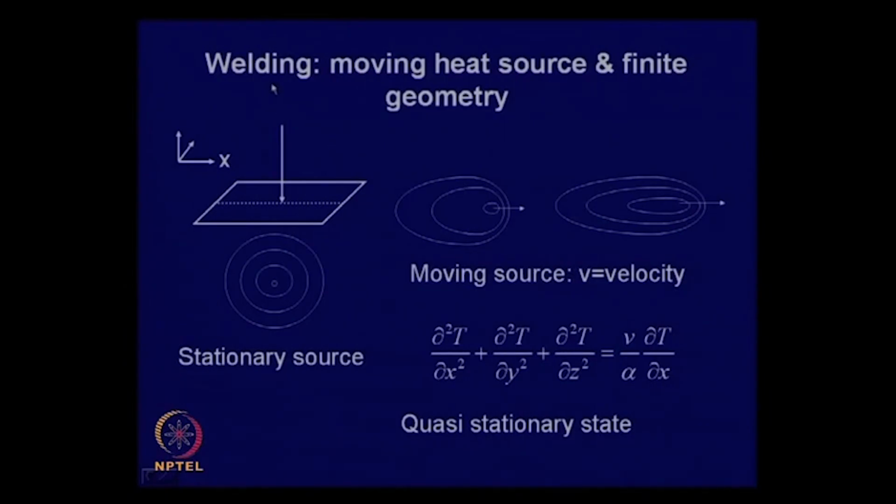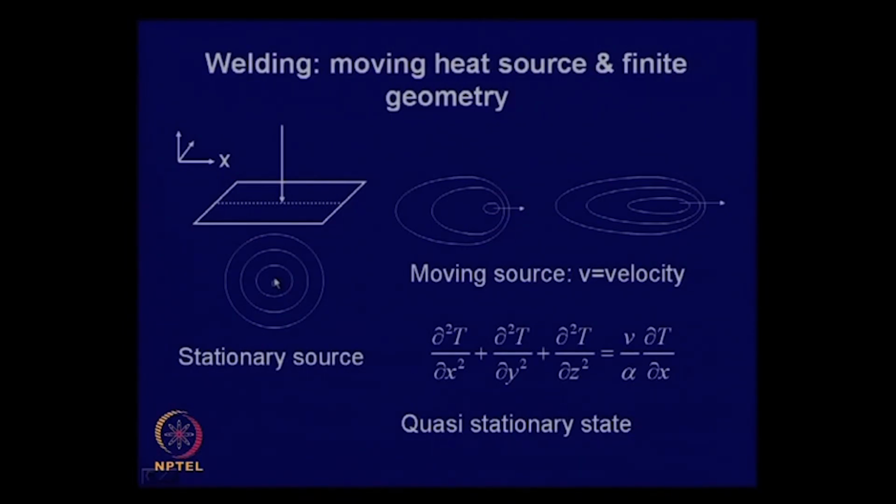Now, in welding the source does not remain stationary, it moves. If the source is stationary, suppose on this surface we have suddenly raised the temperature. Then, by applying the same logic, if we plot the temperature contour on the surface, it will be a set of concentric circles, and the center of these circles is the stationary heat source.